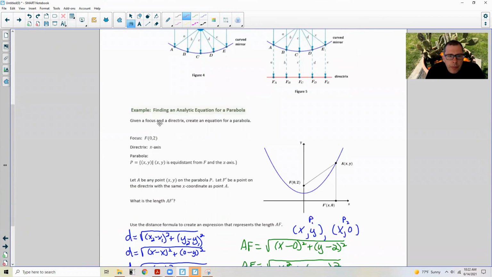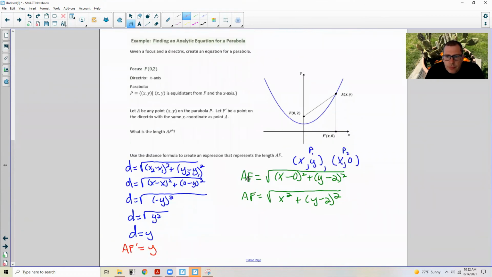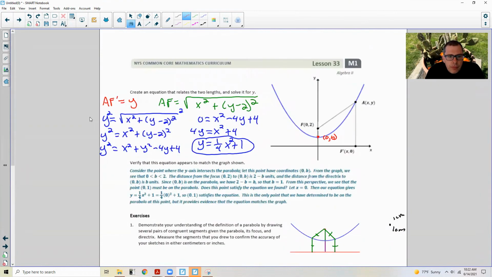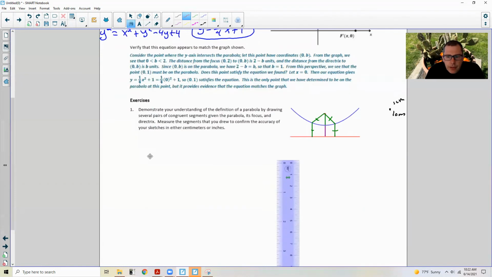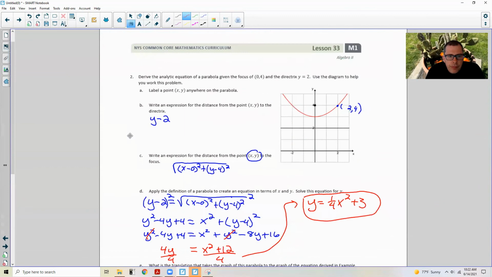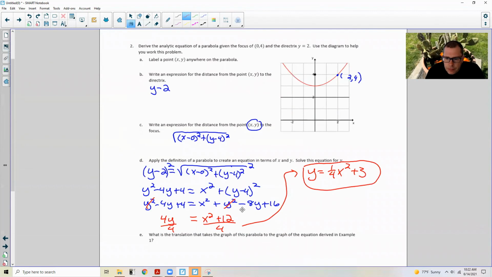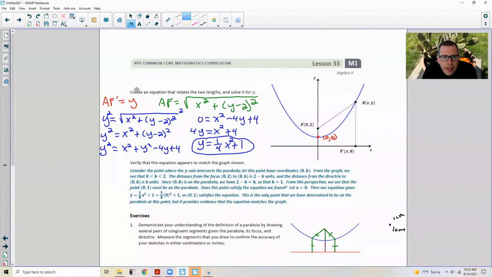Keep going. Exercise 1. Okay, they didn't call this example 1 here, but I guess this is it right here.